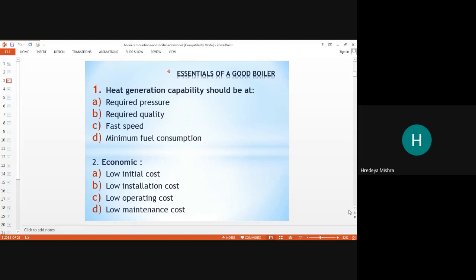Because if these costs are higher, it hurts the economics. So we need low cost to operate and install the boiler. These two things are very important for the essentials of a good boiler.